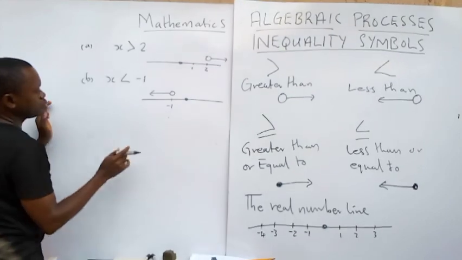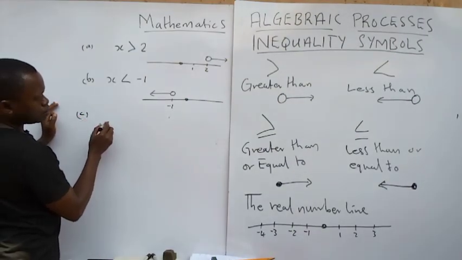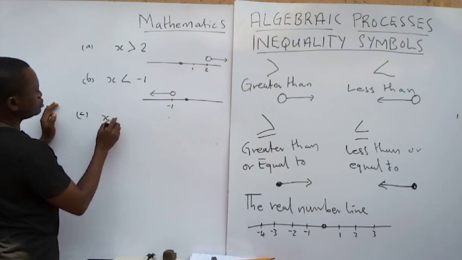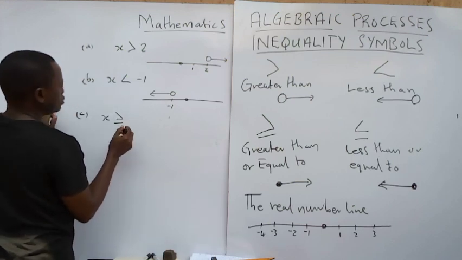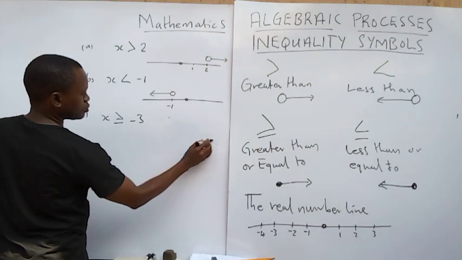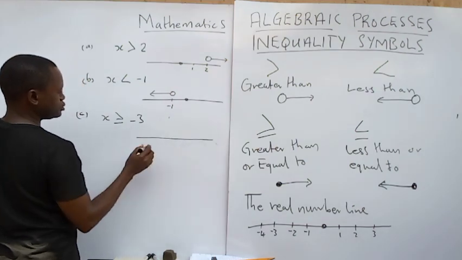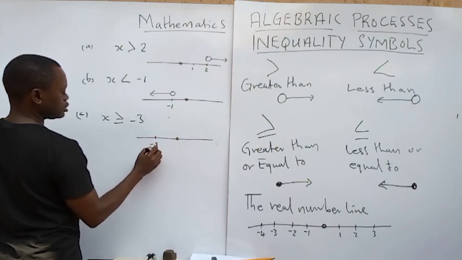Let me take this. If I say x is greater than or equal to minus 3, then on the number line, I am going to put my origin, and let's say somewhere here is minus 3.